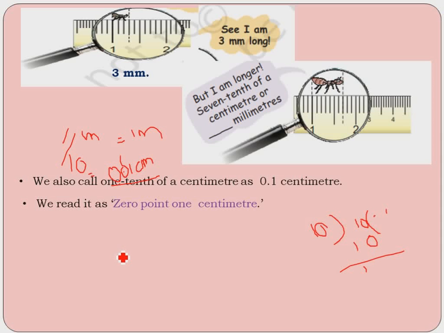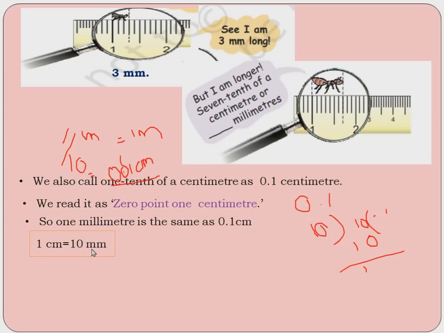This point is called the decimal point, and we read it as 0.1. How do we read it? 0.1 centimeter. So 1 millimeter is the same as 0.1 centimeter, because 1 centimeter is equal to 10 millimeters. Why 10 millimeters? Each part is 1/10.